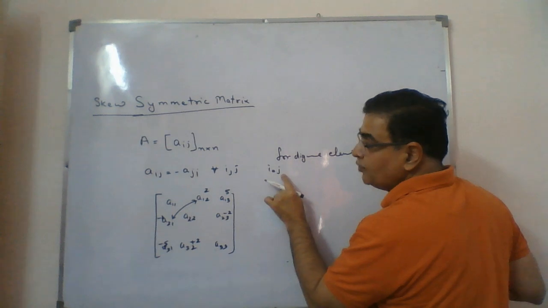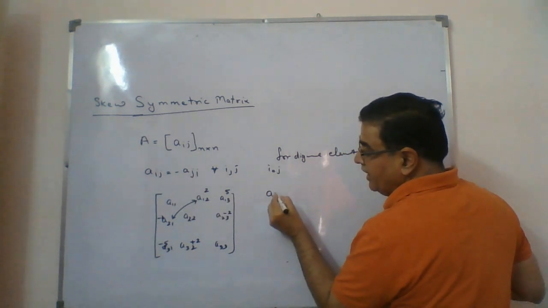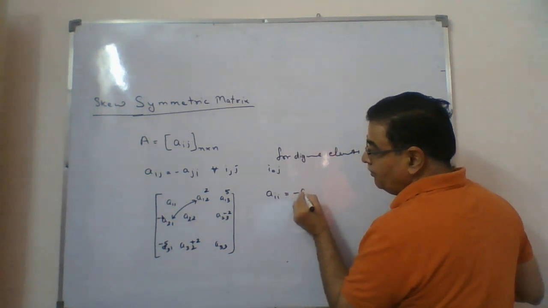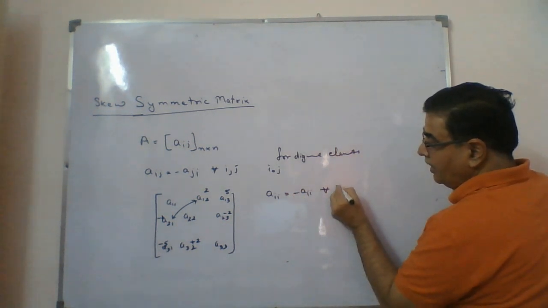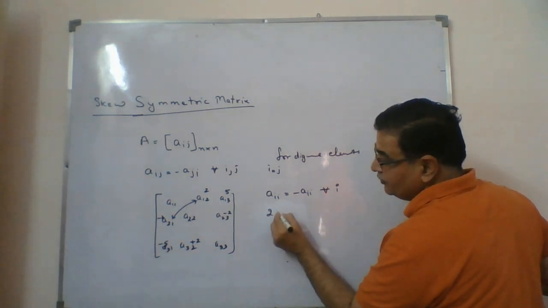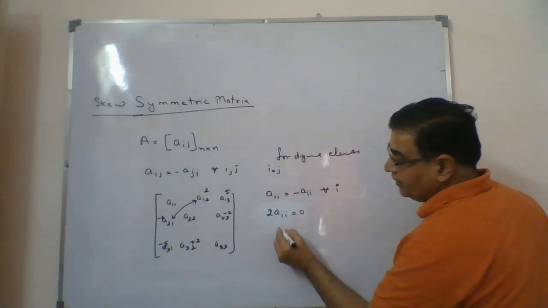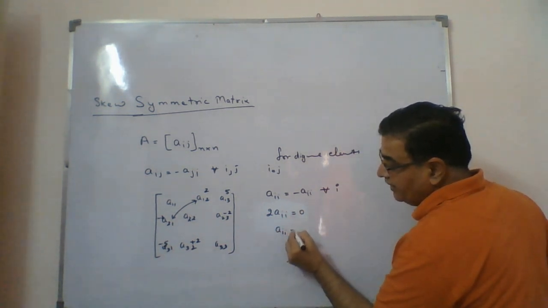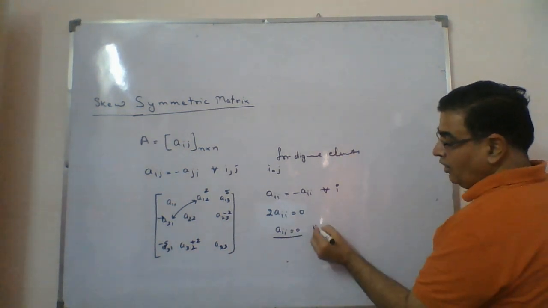That means I is equal to J. If we take that, then what you will find in this relation is AII will be equal to minus of AII for all I. And from this, the term will go to this side, so it shows 2AII is 0. What does that indicate? AII is 0. That means this is for all I.